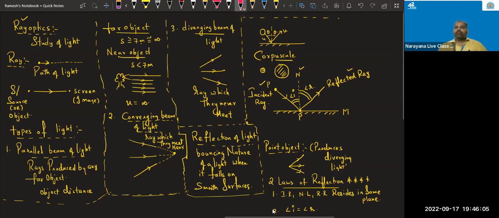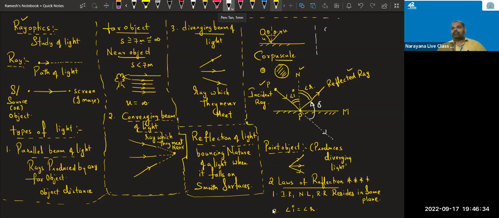Students, if there is no mirror, no smooth surface, no obstacle, how would the ray of light go? It would go straight like this only, right? Kindly say yes or no. Because of this mirror, it deviated anti-clockwise like this.